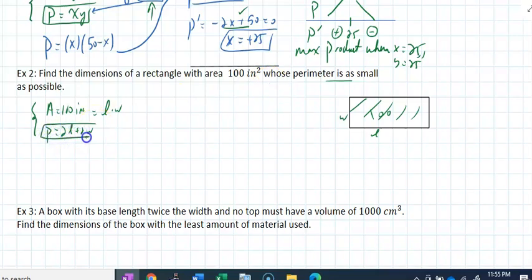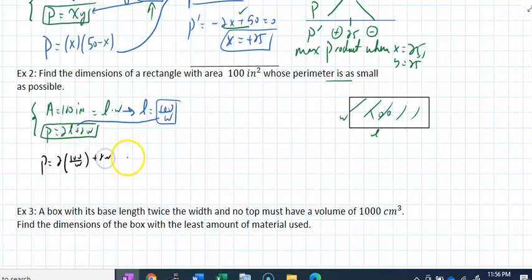We're trying to find the minimum of perimeter, and perimeter depends on two unknowns. So again, we solve for length or width, and it doesn't matter. If you solve for the length, that will be 100 over the width, and we use substitution. Then my perimeter becomes 2 times 100 over W plus 2W.